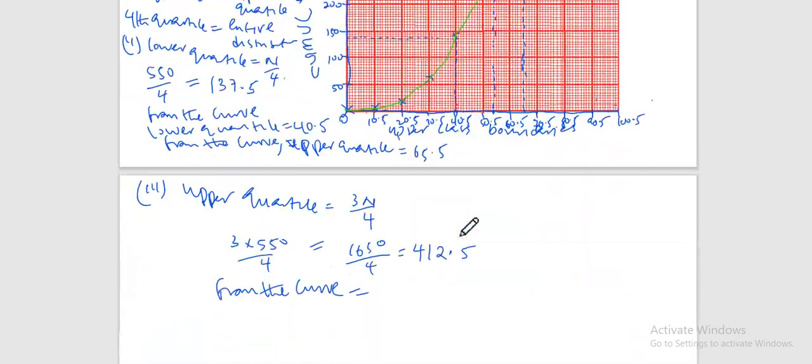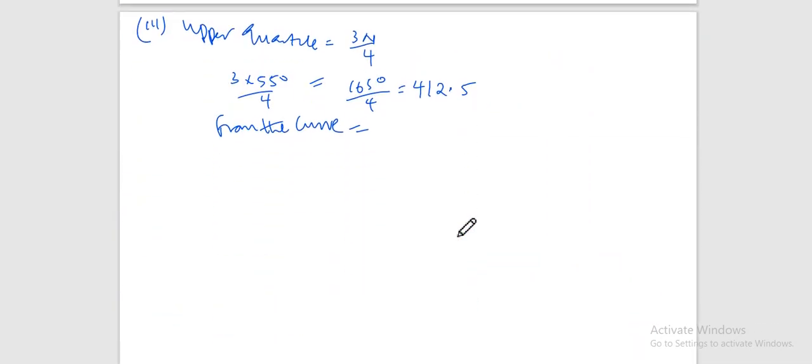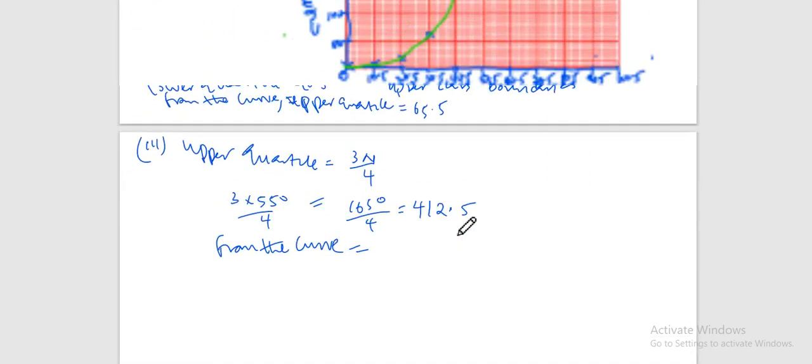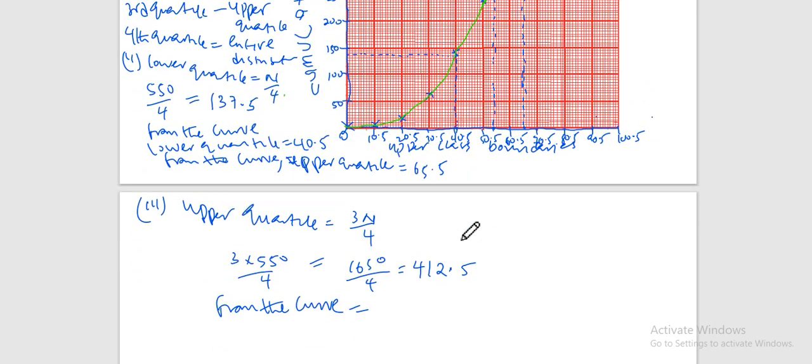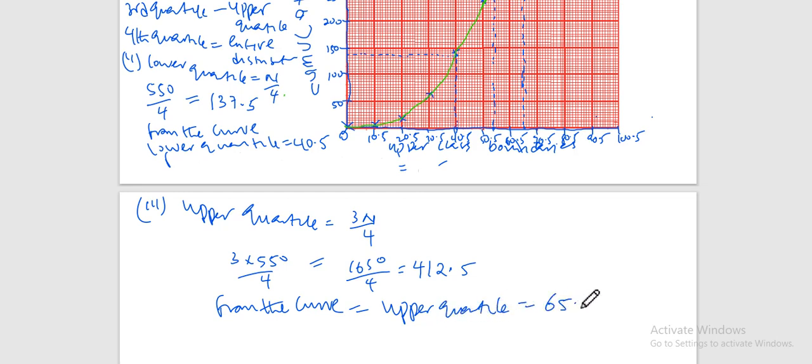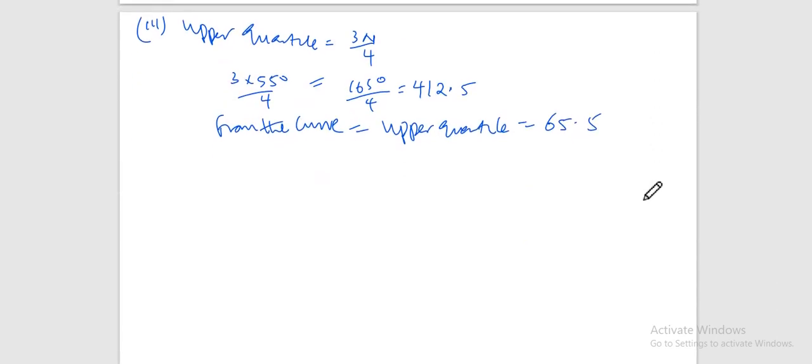Semi-interquartile range. So from the curve, the upper quartile is equal to 65.5. Now for the semi-interquartile range, look at this.